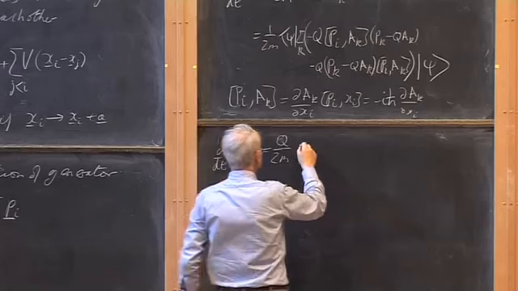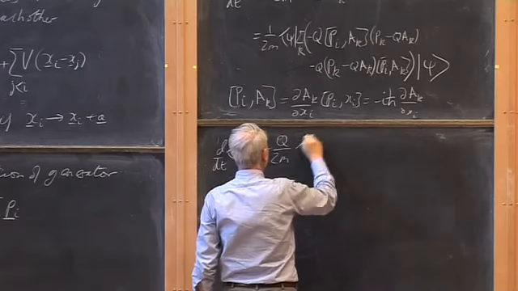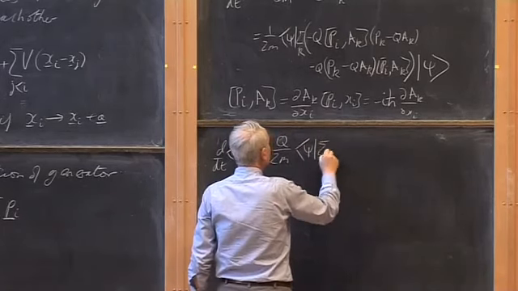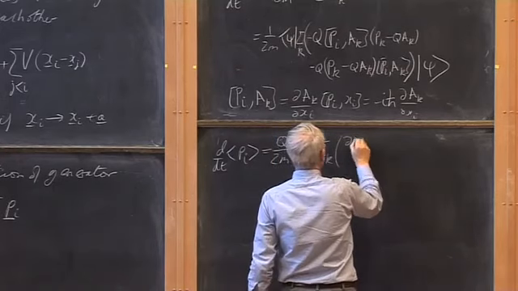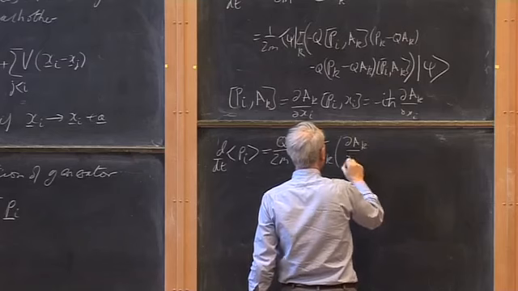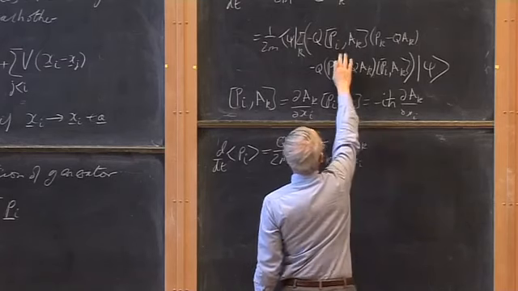So we're going to have a psi, a sum over k, of dA_k by dx_i for this one here.